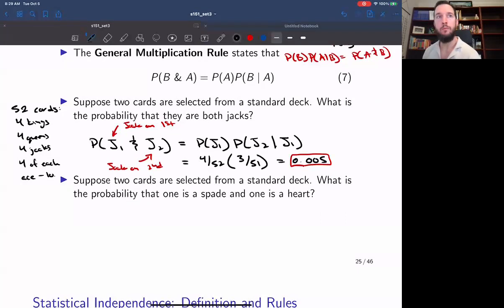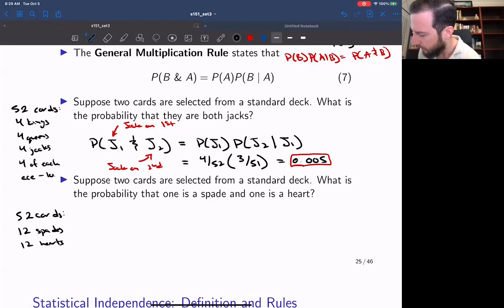In the second example, it's the same idea, except that we're now working with suits, right? So we have our 52 cards and we have 13 spades, 13 hearts, 13 clubs, 13 diamonds. So it says, suppose 2 cards are selected from a standard deck.